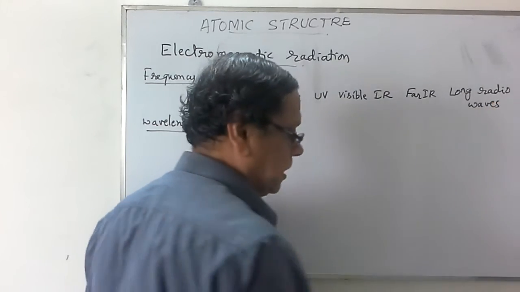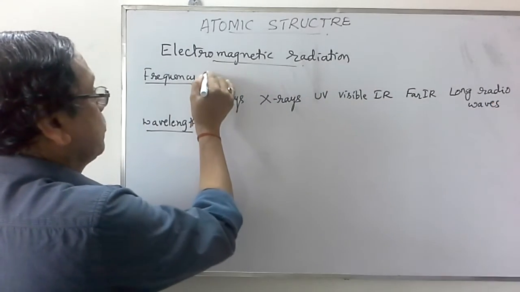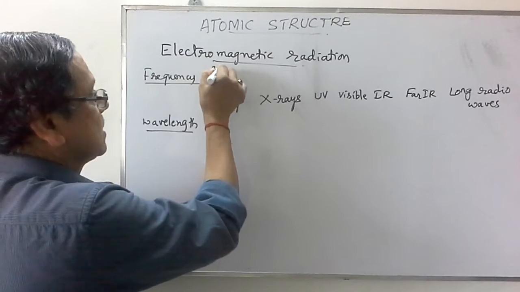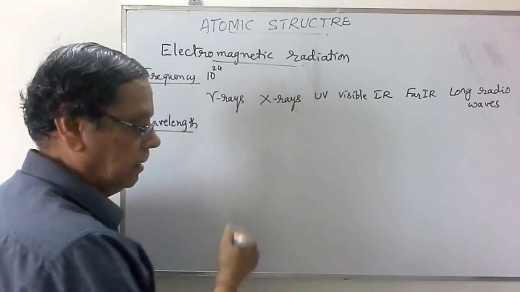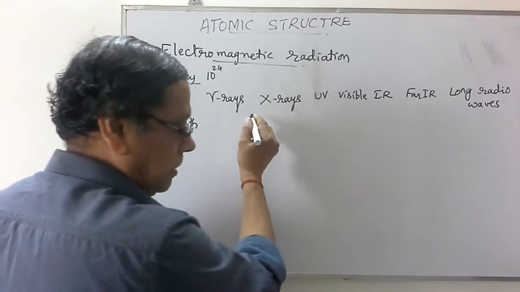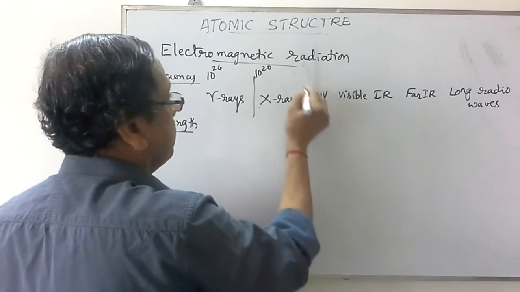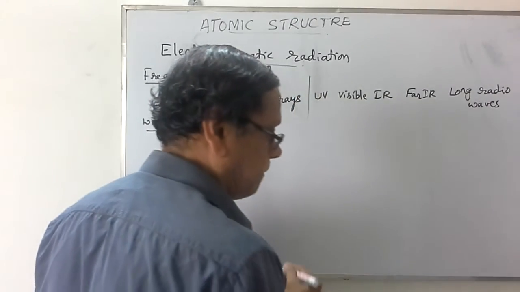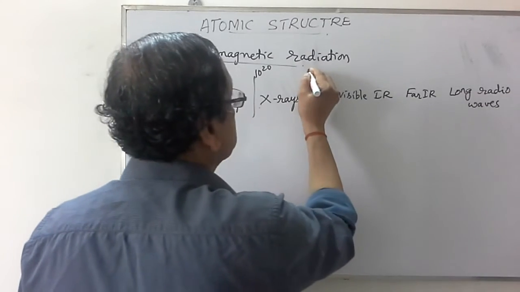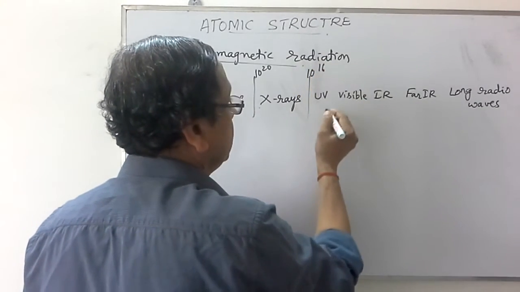So these frequencies vary from 10 power 24 cycles per second. Then we have 10 to the power 20. Then X-rays lie between 10 power 16 and 10 power 20.